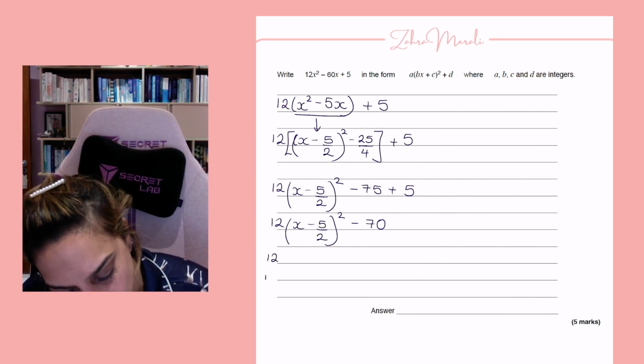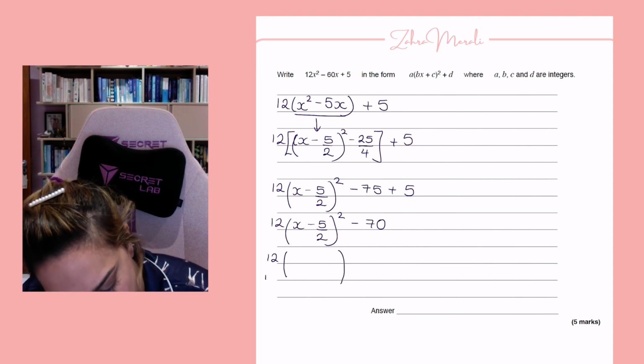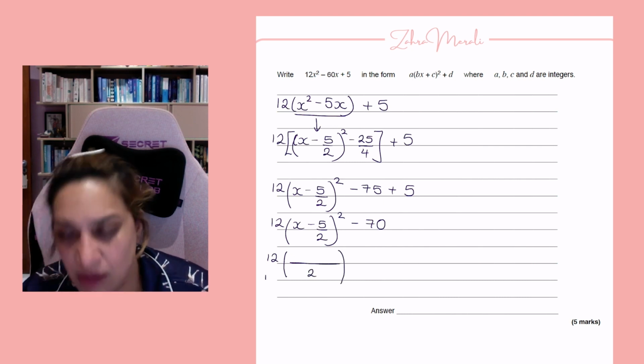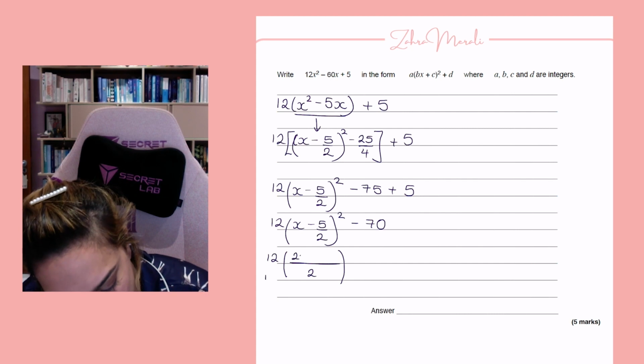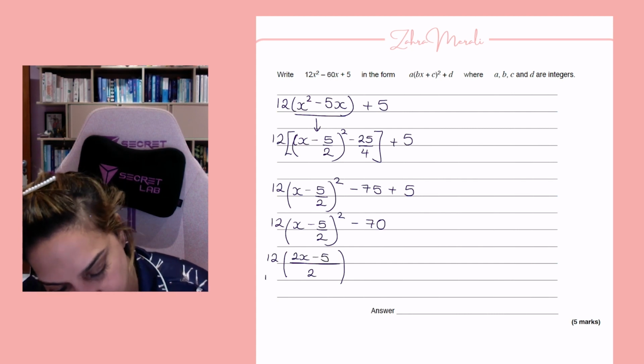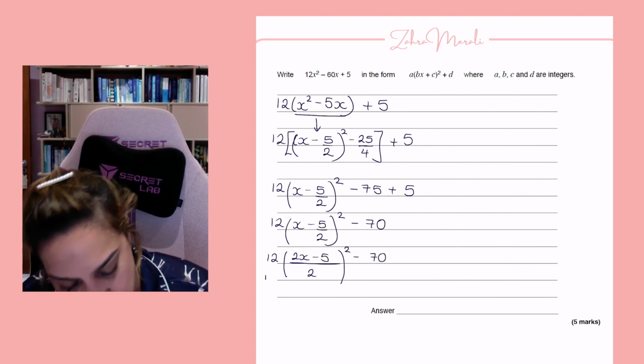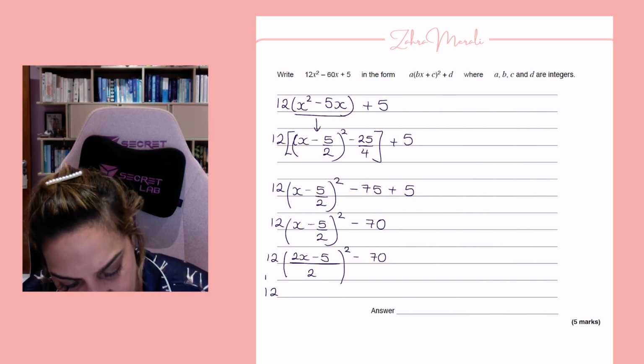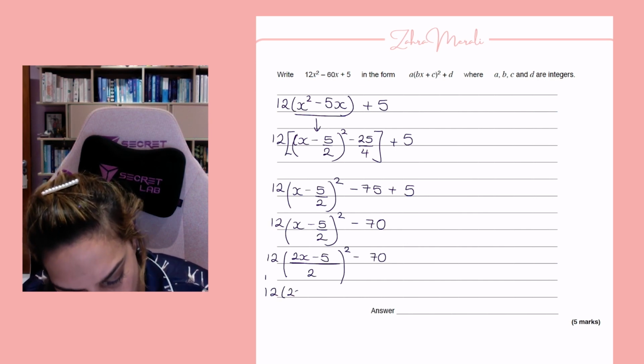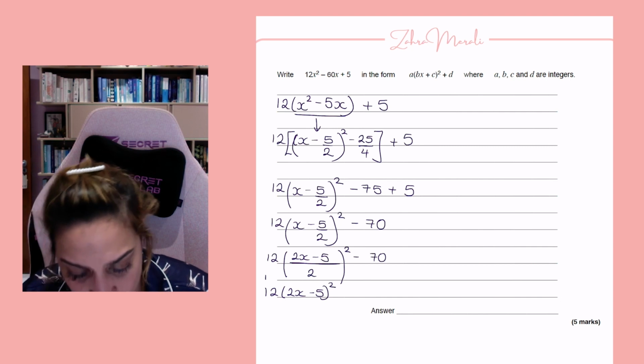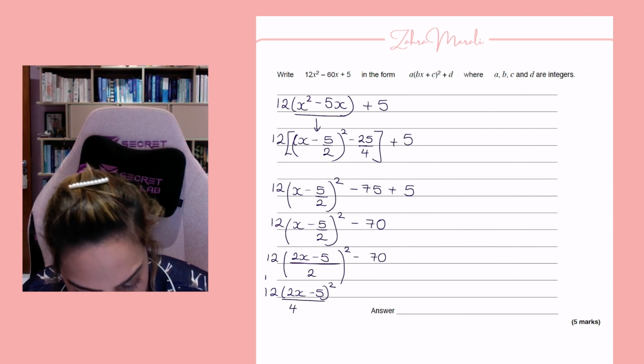So what we're going to do is the bit inside the bracket, we're going to put it as one fraction. I'm going to put it all over 2. I'm going to get 12((2x minus 5)/2) squared minus 70. So that's really like saying 12 times (2x minus 5) squared, I can square the top and I can square the bottom.